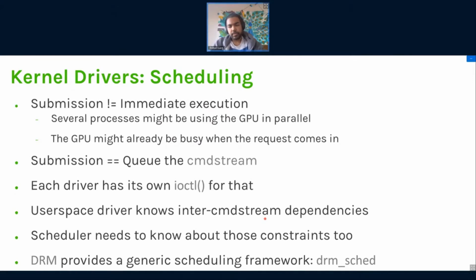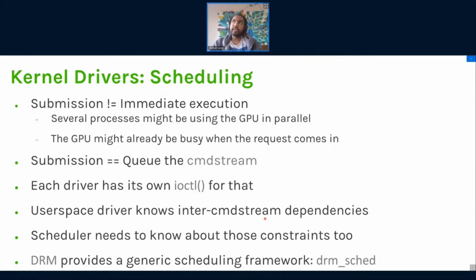The next responsibility of a GPU driver is scheduling. Typically, when you submit a GPU job, it does not mean it will be executed immediately. There might be several processes using the GPU in parallel, and the GPU might just be busy when the request comes in. So essentially, submission means that you queue the command stream, and each driver has an ioctl for that.